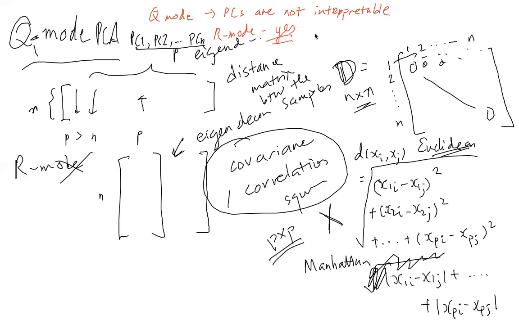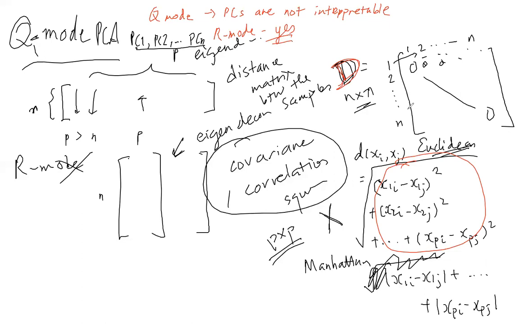Q mode is going to some very abstract situation already, because you're working with the distance matrix. You're not working with the covariance matrix. So the distance matrix already goes to some space of distances that will vary depending on what sort of distance you use.